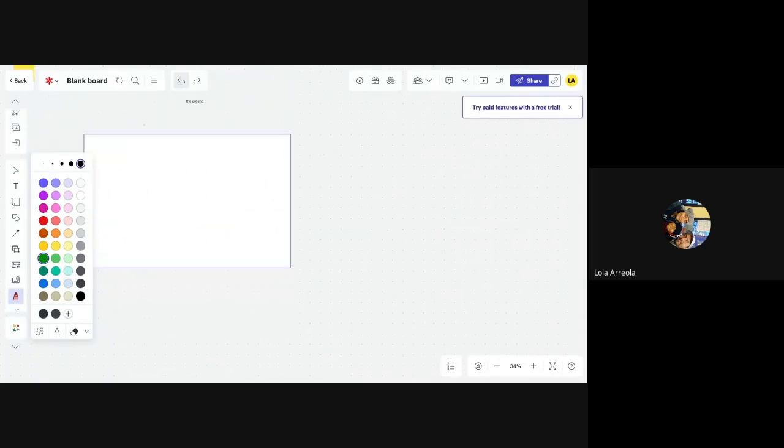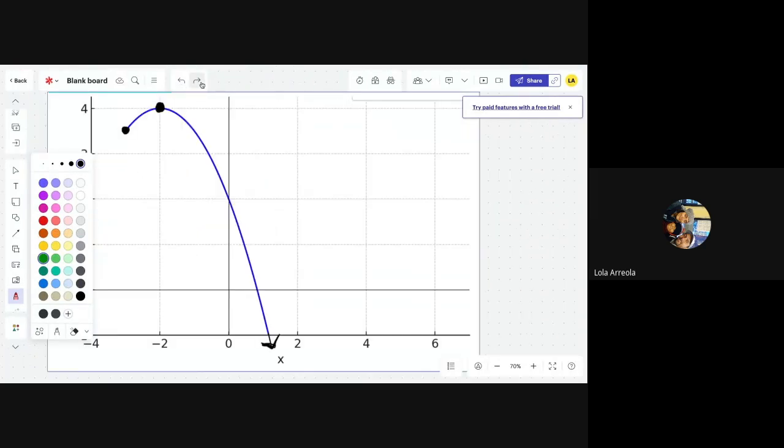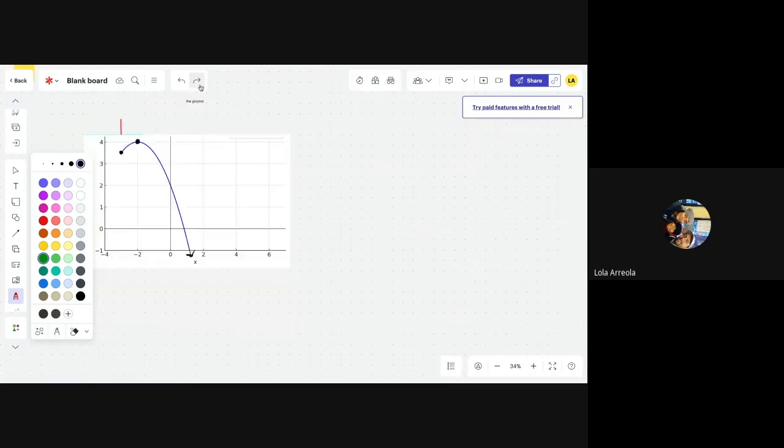It would only be symmetric if I had this. But even then, I can't possibly have this because then I wouldn't have a function, right? I would have two points overlapping. Vertical line test, it would fail. But is this my original graph? No, it's not. So it's not symmetric to the y-axis.